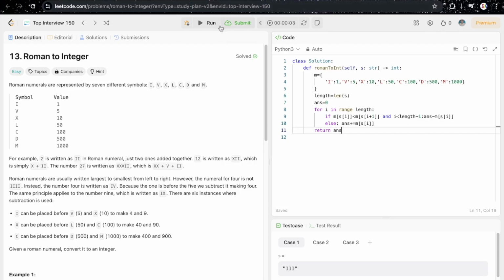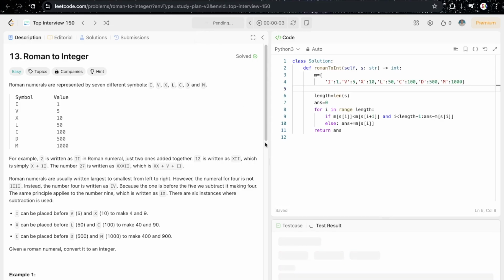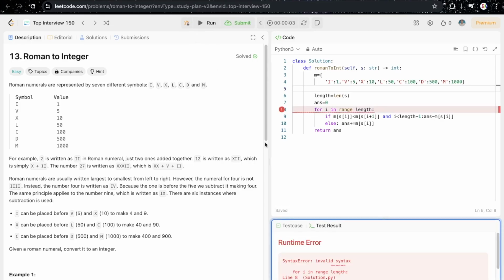Just run this code. Okay, runtime error. What is this runtime error? Already it was closed, so this was extra. Invalid syntax for i in range.